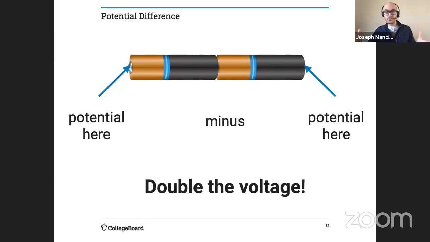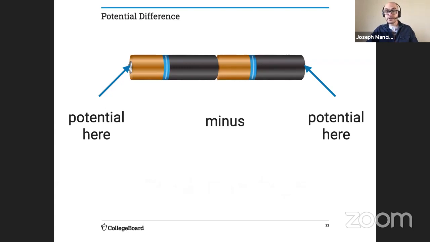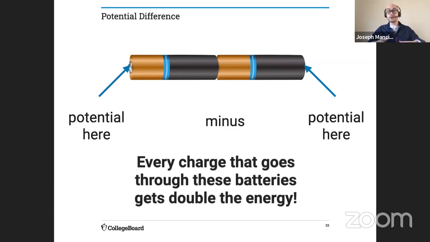An electron would move from the positive terminal to the negative terminal and gain 1.5 electron volts of potential energy, and then move through the next battery, and that single electron would gain another additional 1.5 electron volts of potential energy. Every charge that goes through these batteries, every coulomb of charge, every bundle of charge gets double the amount of energy because they go through the batteries twice.